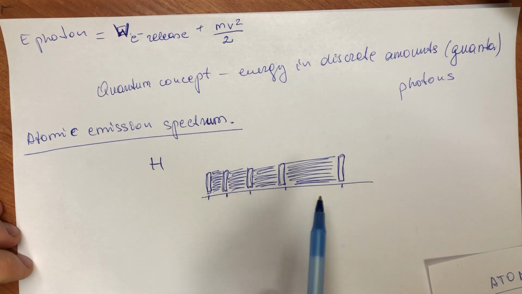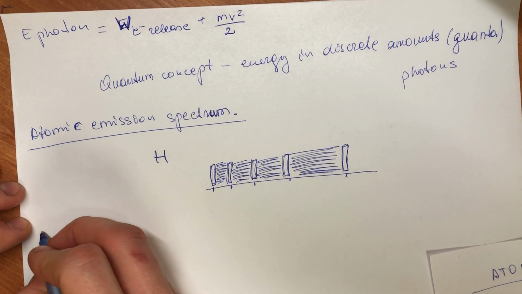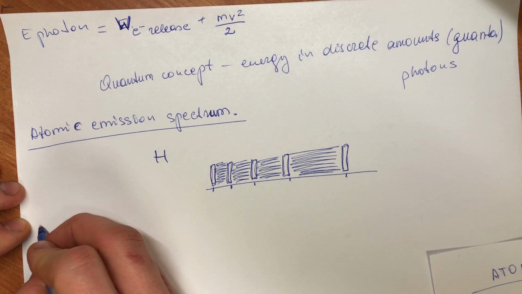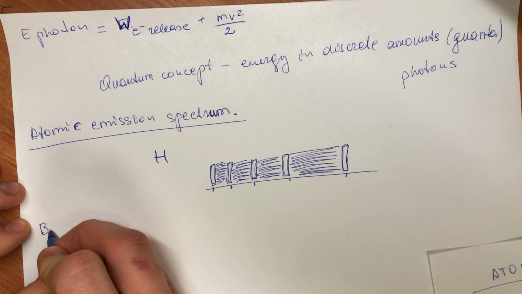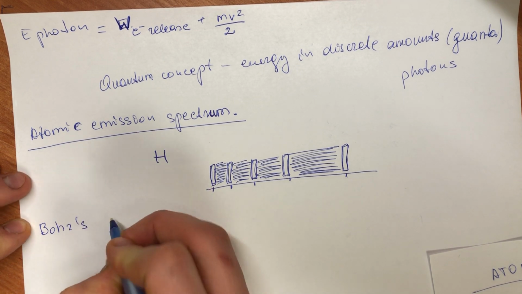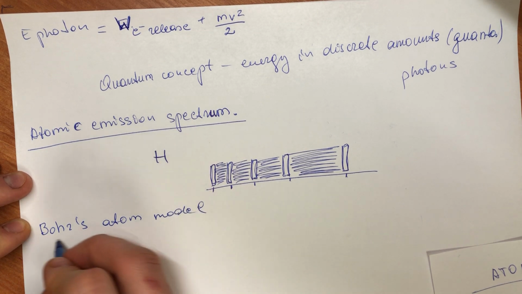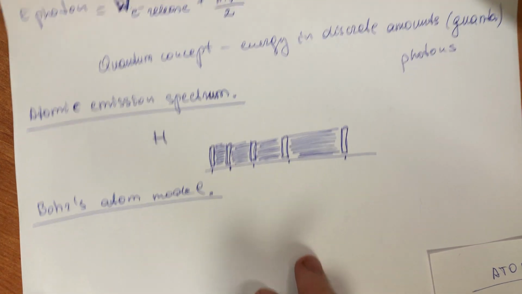So in trying to explain these things, physicist Niels Bohr made a model of the atom.